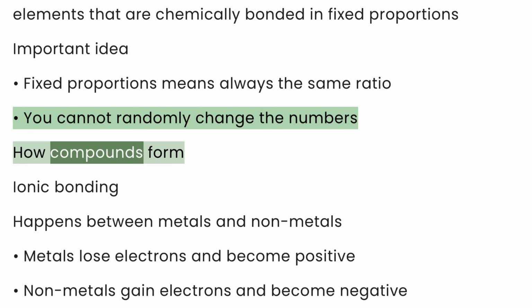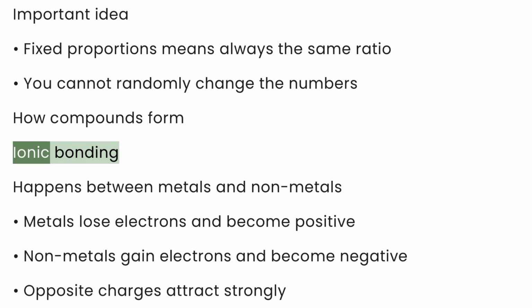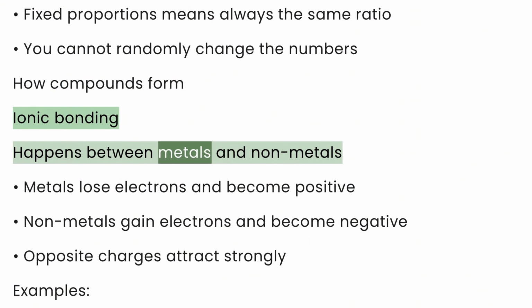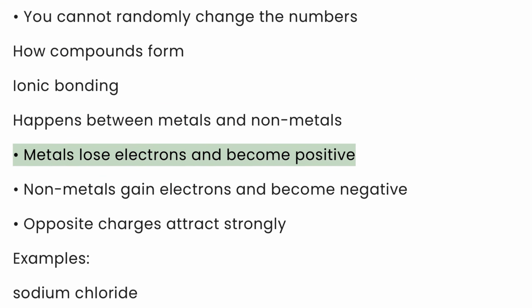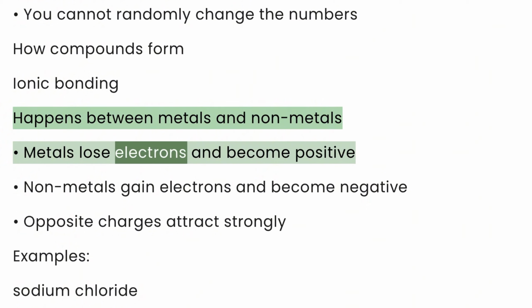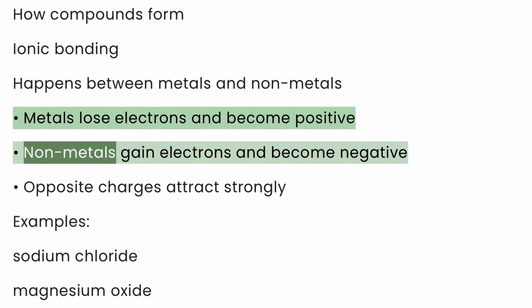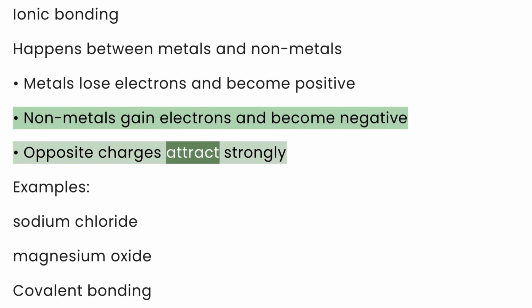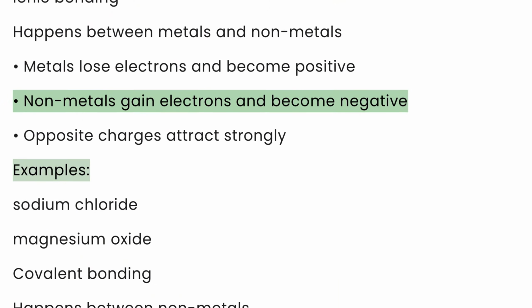How compounds form. Ionic bonding happens between metals and nonmetals. Metals lose electrons and become positive. Nonmetals gain electrons and become negative. Opposite charges attract strongly.